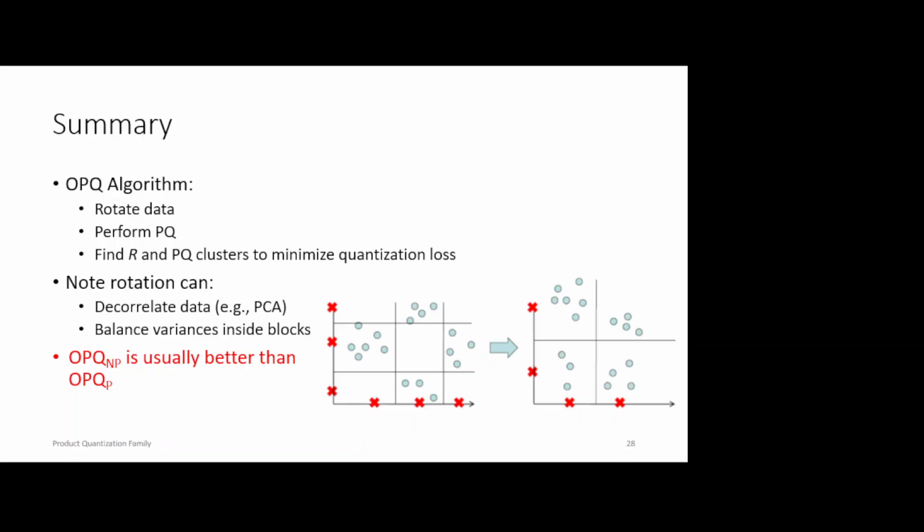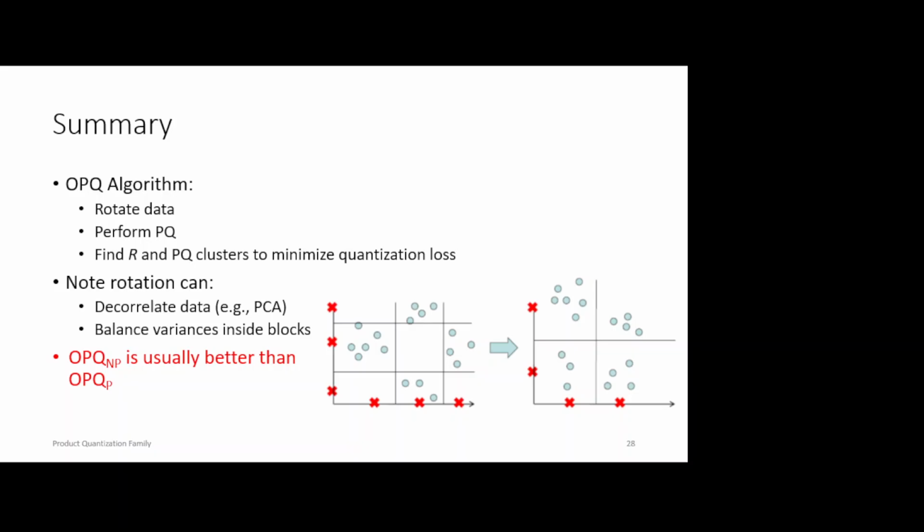And the question is, which one is better, OPQ non-parametric or parametric? You see, the parametric is based on the Gaussian assumption, right? It looks like it has a solid theory behind it, but in practice non-parametric is better. In the experiment, they show that non-parametric is easy to understand and also performs better than parametric.